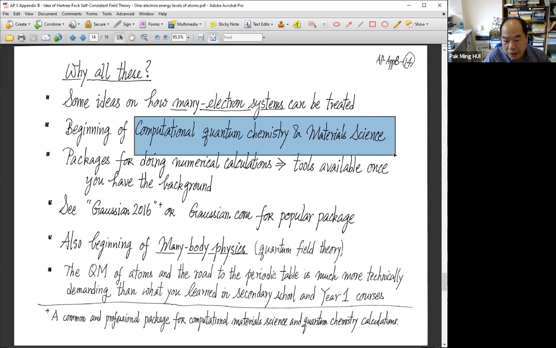In recent years, computational material science is a very hot field, because if you ask the experimentalists to try this, try that, that will be very time consuming, and there are so many possibilities.